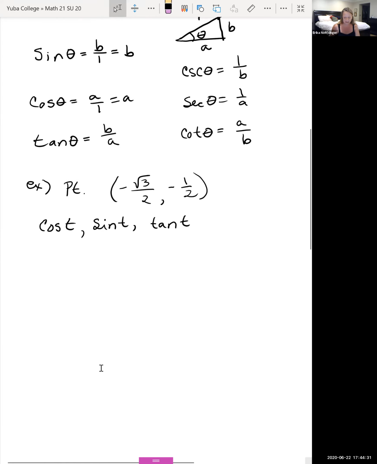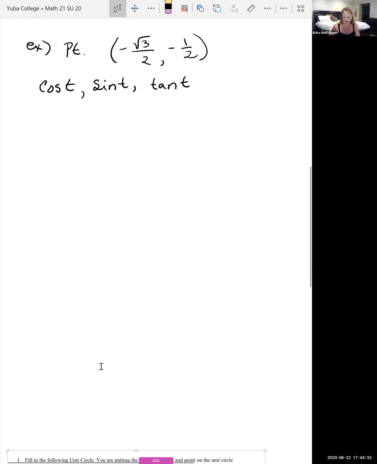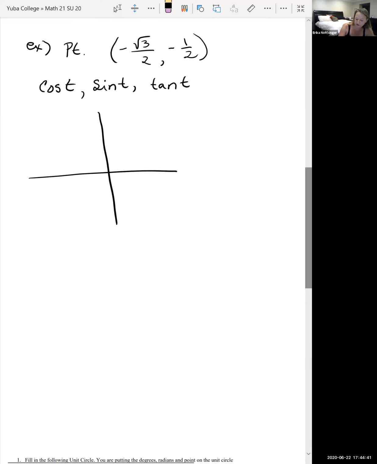So the first step I would do on all these is I would graph this. And so I would plot this. I would figure out what quadrant I'm in. And so if we plot this, I have negative root 3 over 2. And so I would just come over on the x-axis and put negative root 3 all over 2. And then my y value is negative 1/2.